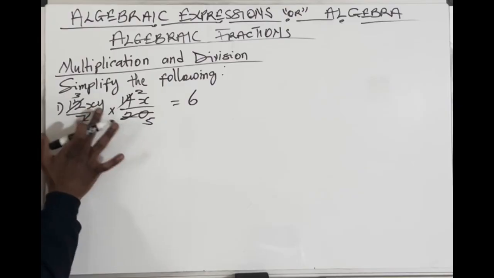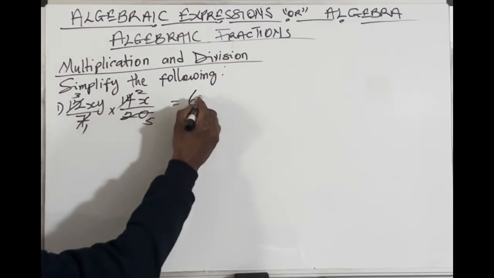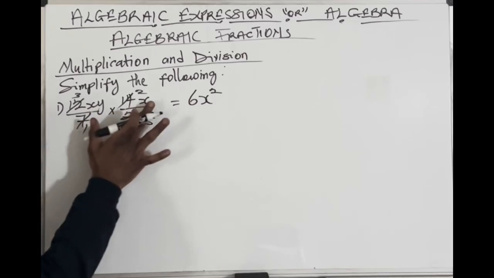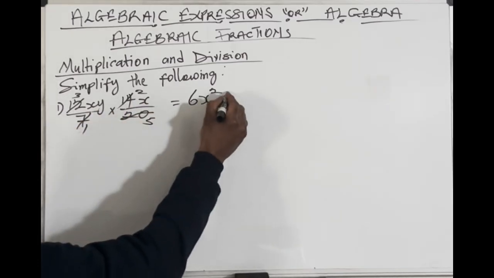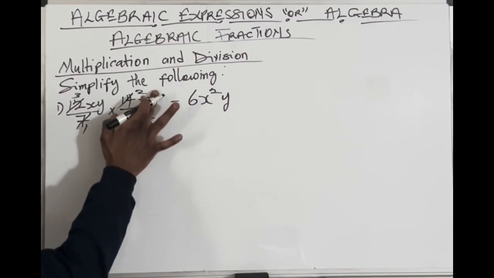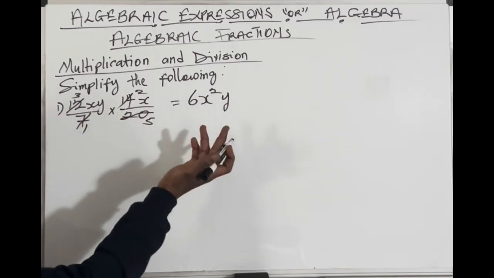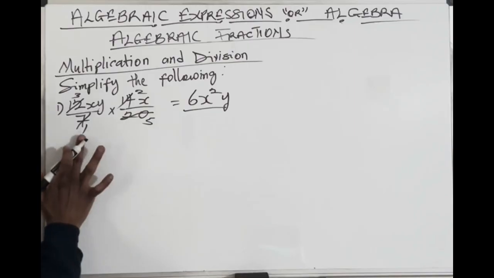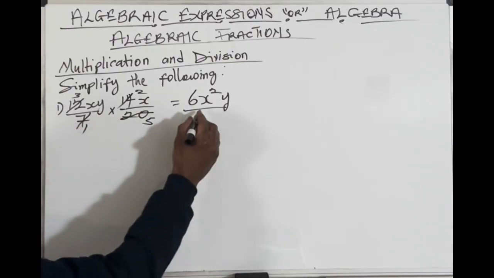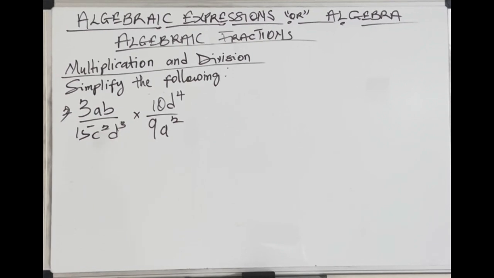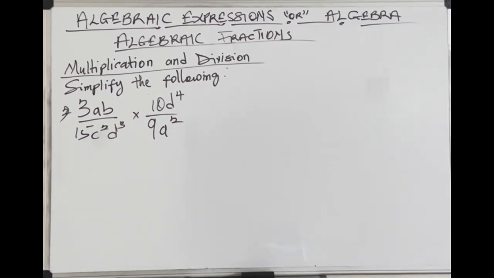We have s times s, which is what? S squared. We have y times 1, which is what? Y. Invisible 1 here. Remember, you multiply with the y, you get y. Over 1 times 5, 5. Final answer.